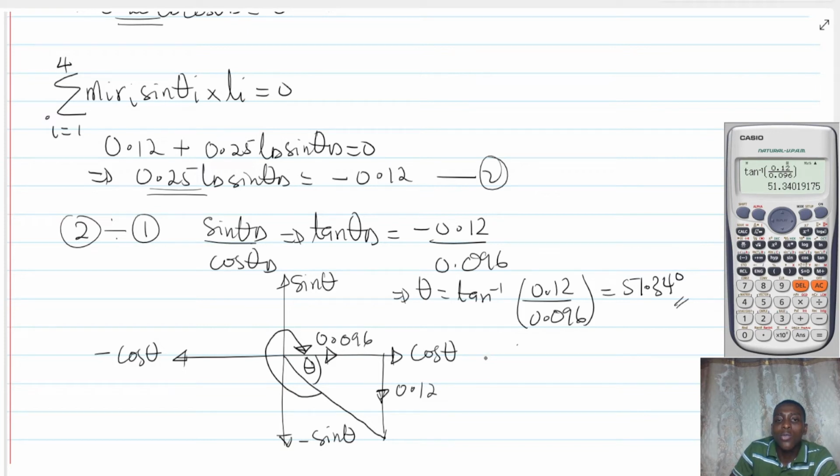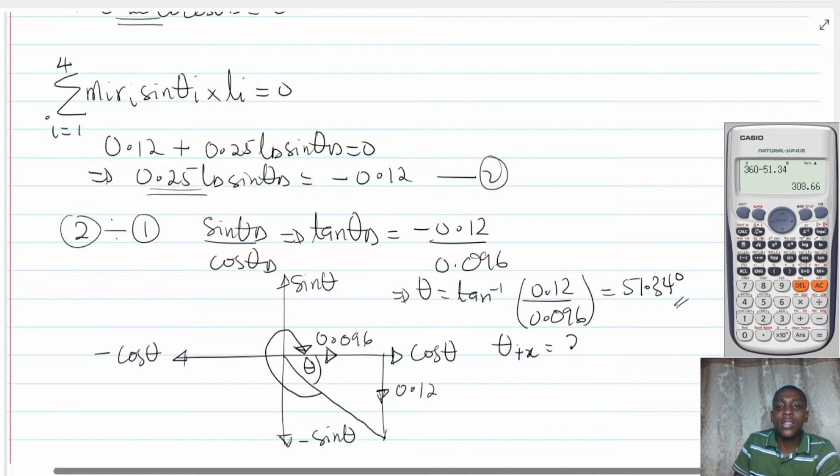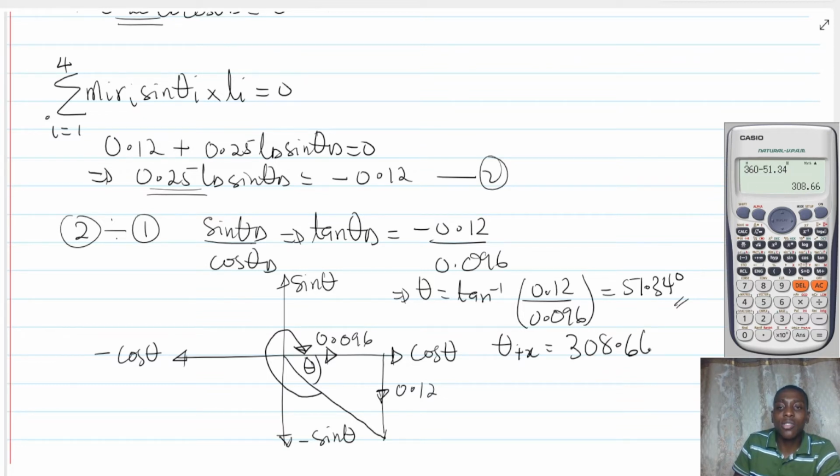So theta with respect to the positive x-axis is going to be 360 minus what I have here. So 360 minus 51.34, I'm going to get 308.66. And indeed, this is the correct angle, because of the equations we have.